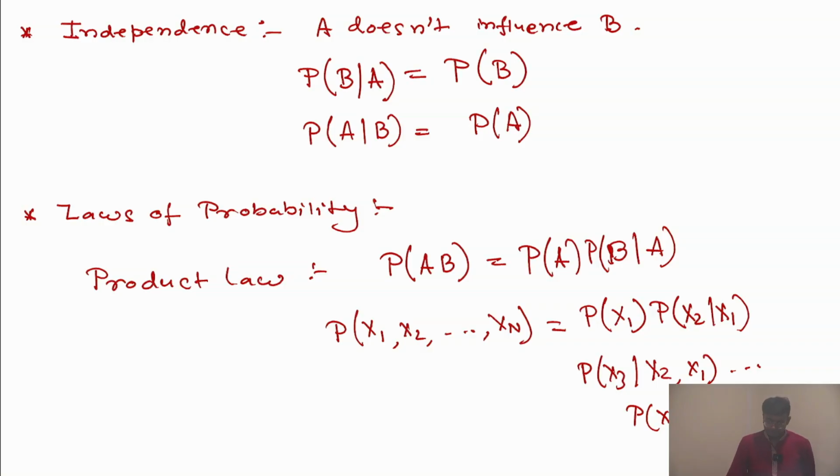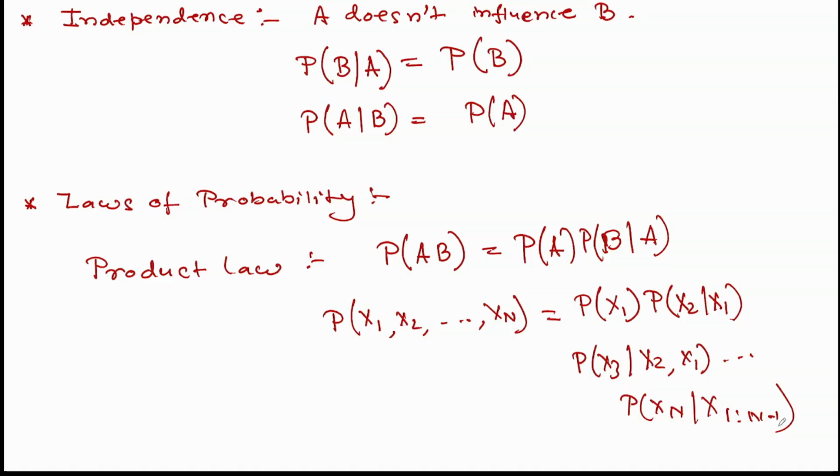Now this is very important. We will not talk about it in this course actually, but let me quickly tell you that this kind of expression is very important and very useful in machine learning. For example, there is a whole idea of the Markov process and Markovian assumption, that is based on this kind of representation. In Markovian, we assume conditional independence: x3 given x2 comma x1, we assume that is equal to x3 given x2.